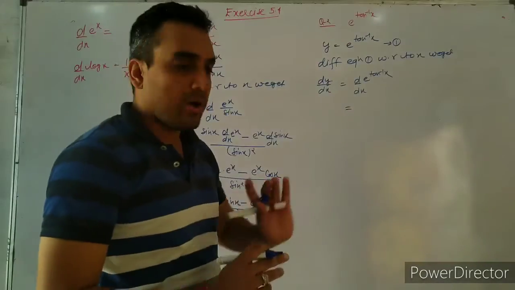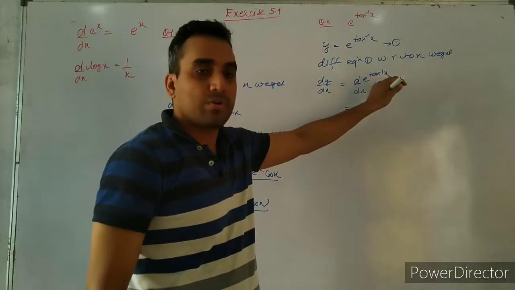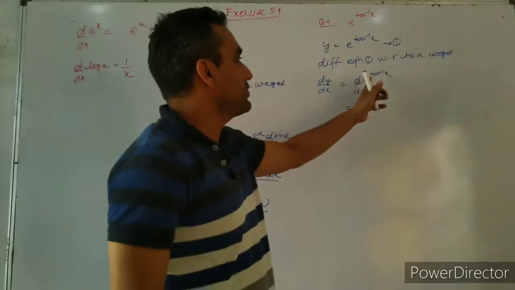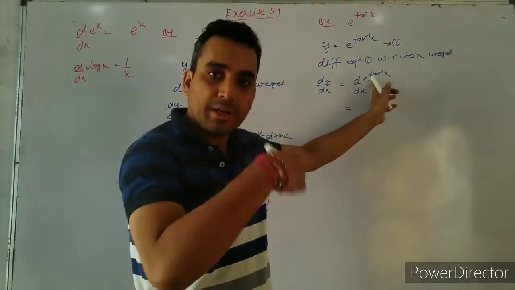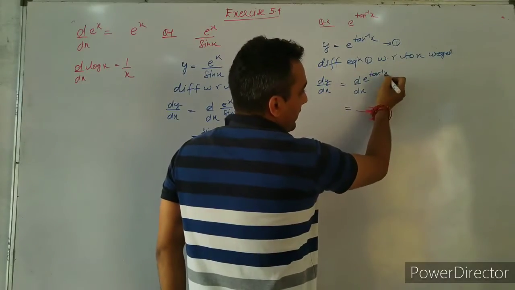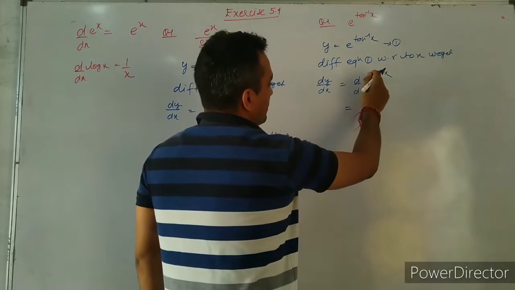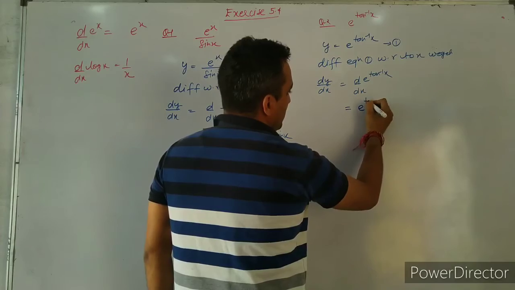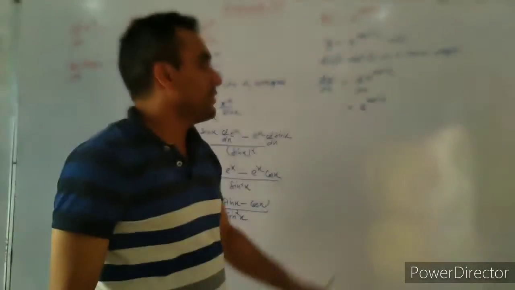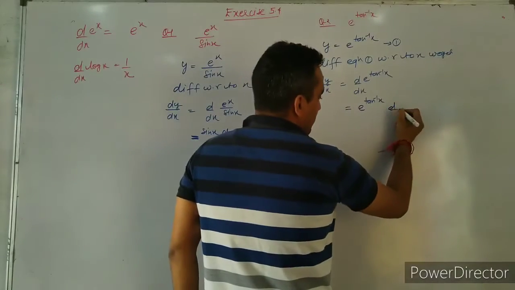So now we will apply chain rule in order to solve this function, which is e to the power tan inverse x. First of all, the differential of e to the power x is e to the power x, and here x is replaced by tan inverse x. So first differential of e to the power tan inverse x is e to the power tan inverse x, and then differential of tan inverse x.